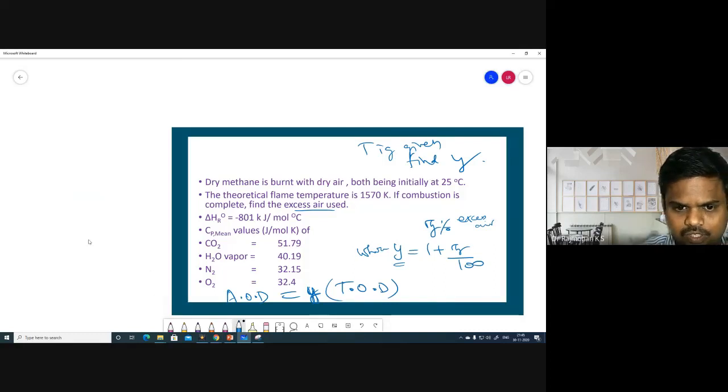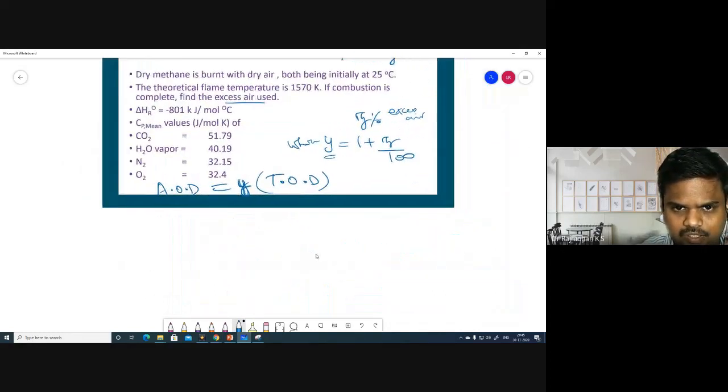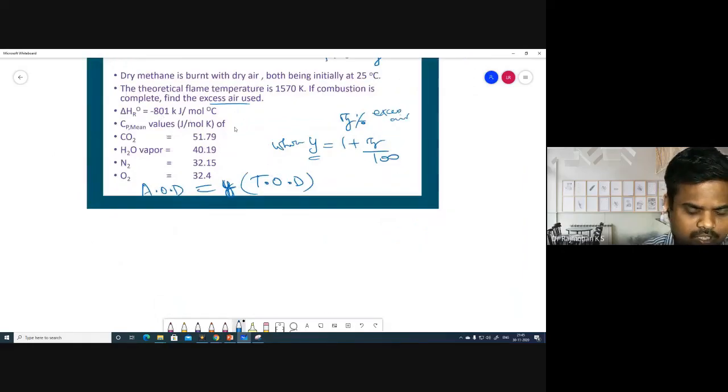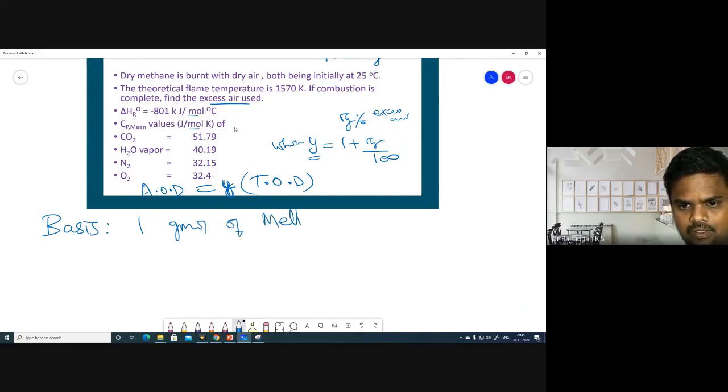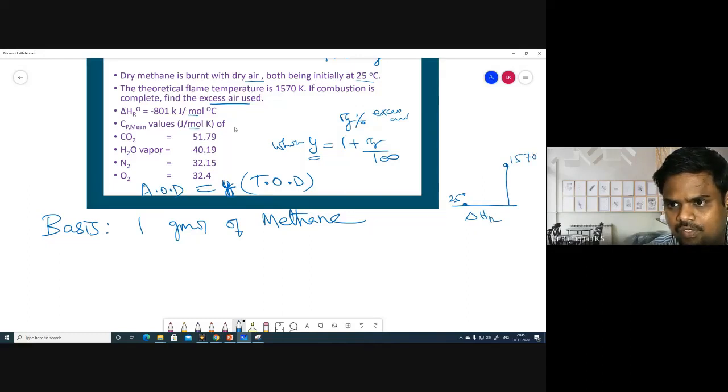Okay, so what we can do, we can take a basis, same 1 mole it can be taken, because data are given in mole only, so no need to go for kilomole basis. So we can take a basis of 1 gram mole of methane, dry methane. Okay, and it is burned with the dry air, both initially at a temperature of 25 degrees Celsius, and the adiabatic flame temperature is given as 1570 Kelvin.